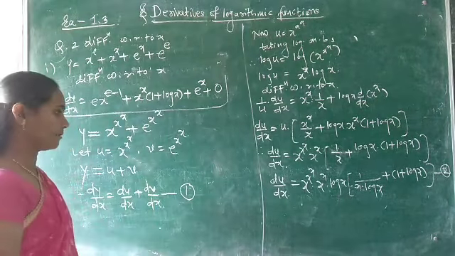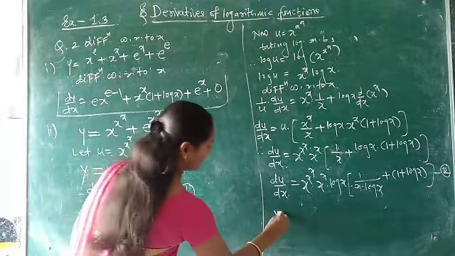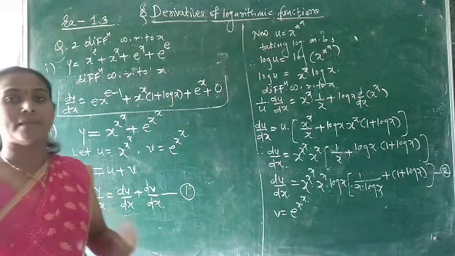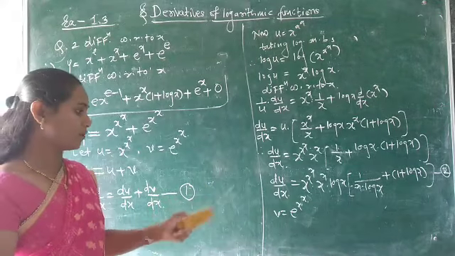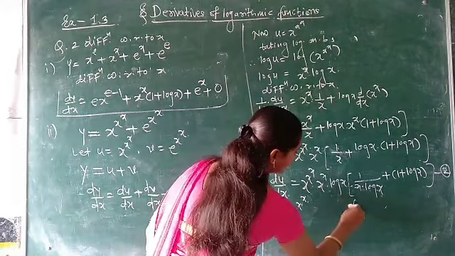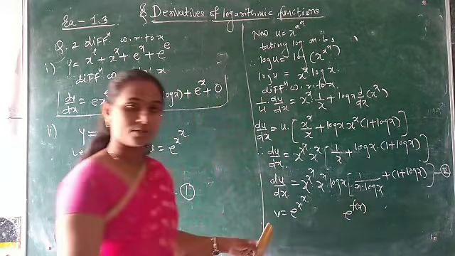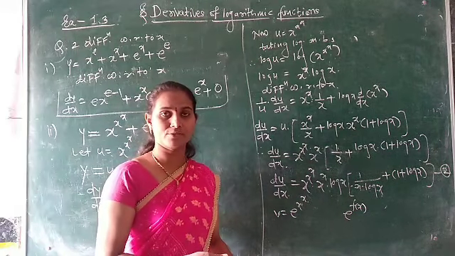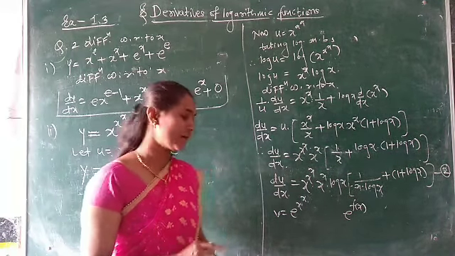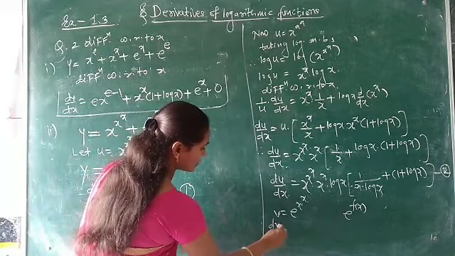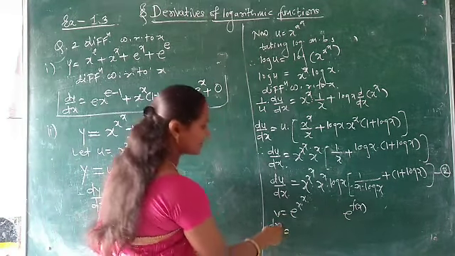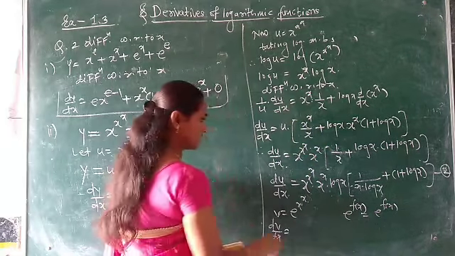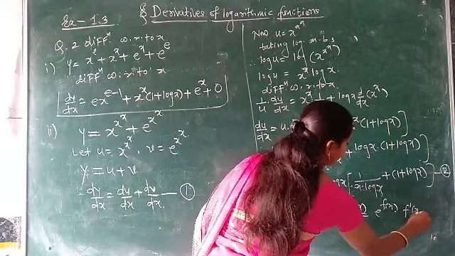Next we find dv upon dx. So what is v? e raised to x. Here don't apply logarithm on both sides, because this is of the form e raised to f of x. We find the derivative of e raised to f of x by the composite function rule: e raised to f into f dash. So dv upon dx, what is the derivative of e raised to f of x? That is e raised to f, write the function as it is and multiply by the derivative of the function.